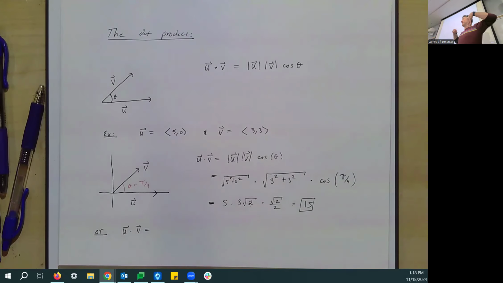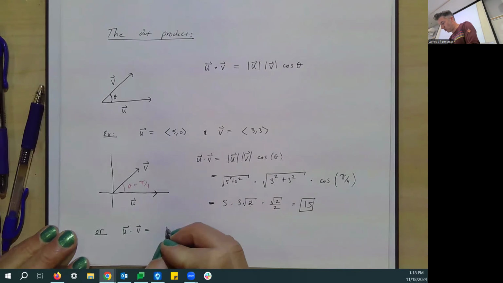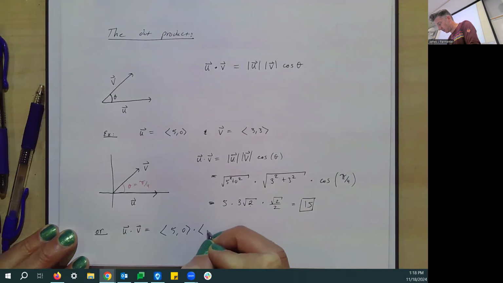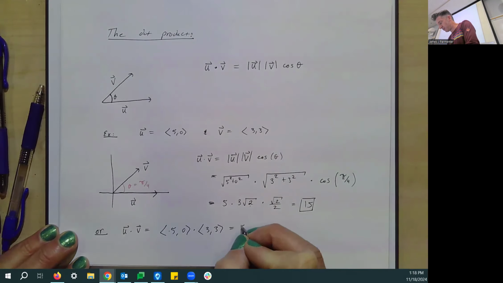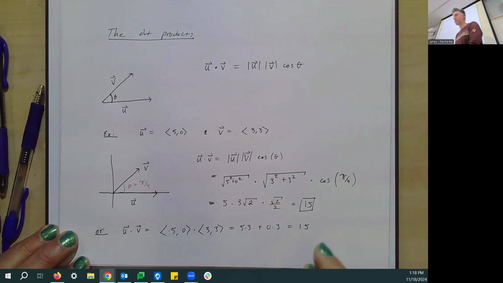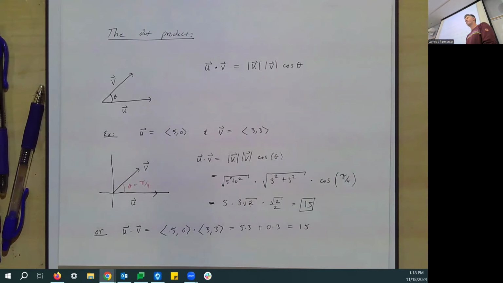But the way we typically calculate the dot product between two vectors is by saying that it's equal to the sum of the products of the corresponding components. So in this case, 5 times 3 plus 0 times 3, which is 15. Which is really nice when you don't actually know the angle between the two vectors.